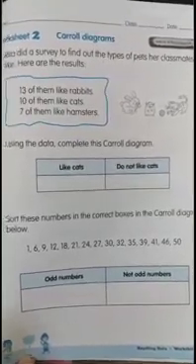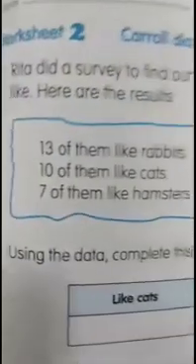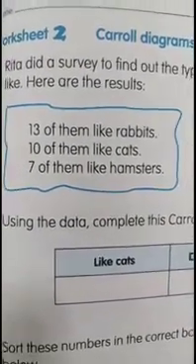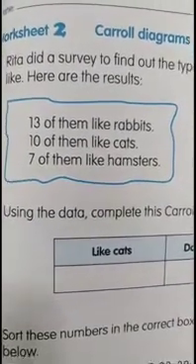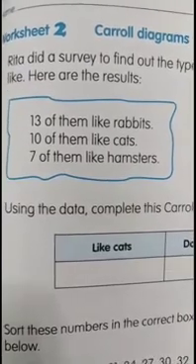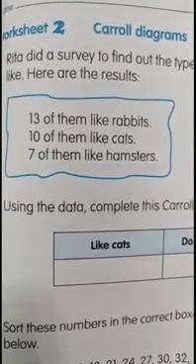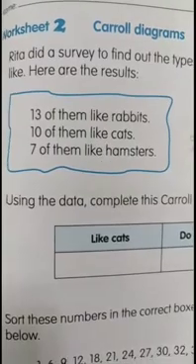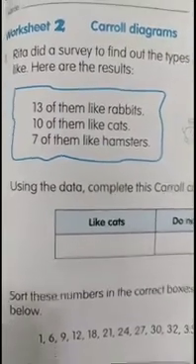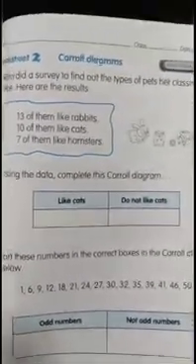Here are the results. As you can see, 13 students like rabbits, 10 of them like cats, and 7 of them like hamsters. We will use the data to complete this Carroll diagram.